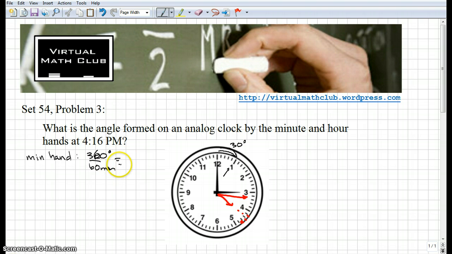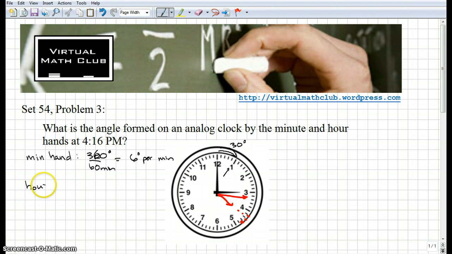And if you reduce that fraction, that's 6 degrees per minute. I just divided 360 by 60 to get the number of degrees that the hand moves per minute. And we can do the same thing for the hour hand.